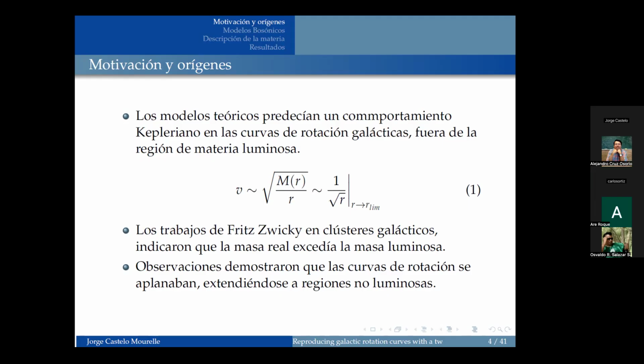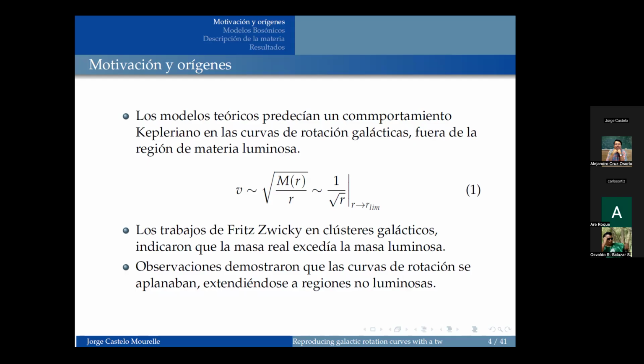So the expectation was for the rotation curve to follow a Keplerian decay following this kind of law. But Zwicky was studying galactic clusters, and he realized that the movements of the clusters couldn't be produced just by luminous matter.